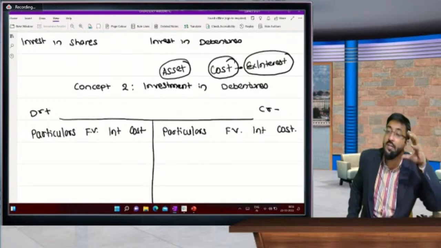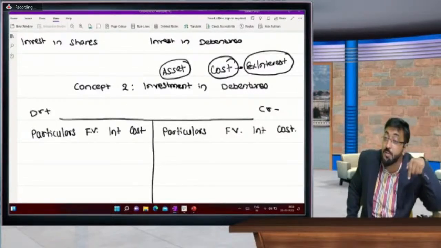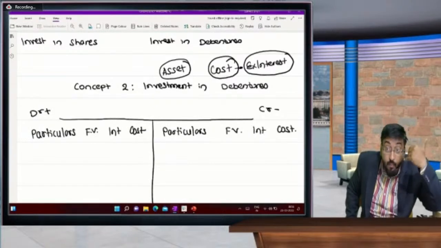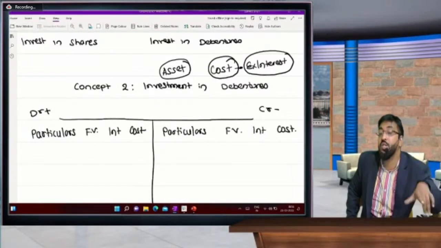Sir, what is the difference between yesterday's problem and today's problem? In yesterday's problem, we saw it from the angle of the company when it takes its own debentures back.